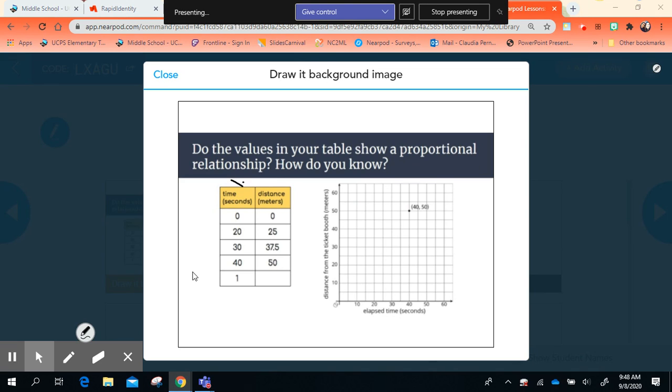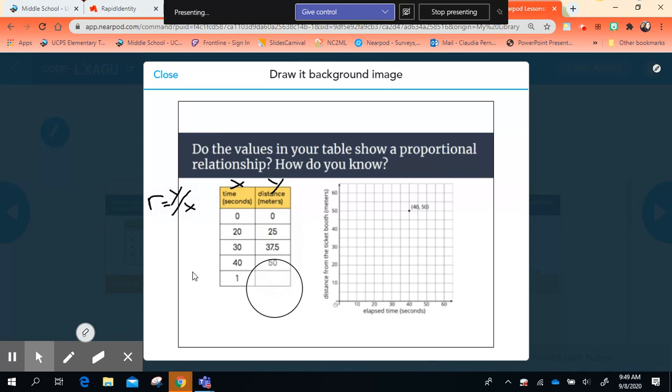So remember, we have X and we have Y. So we need to do unit rate is Y over X. Last week on some classwork assignments, I had people telling me, oh, well, the second row is not the same, so it's not proportional. We're not looking at the second row.